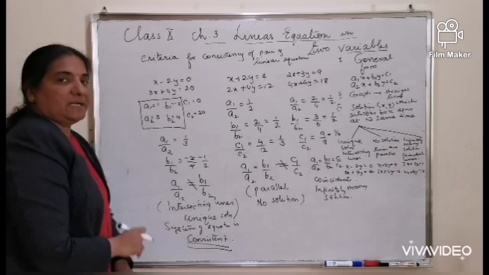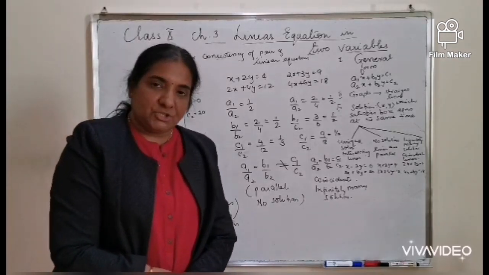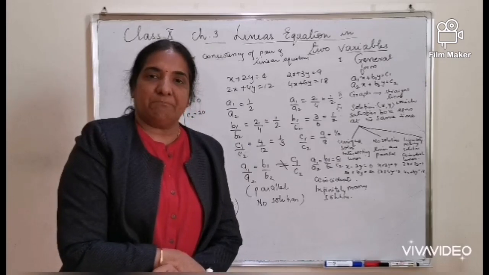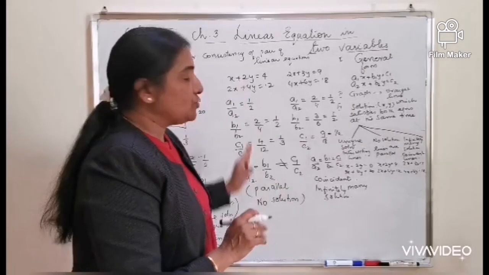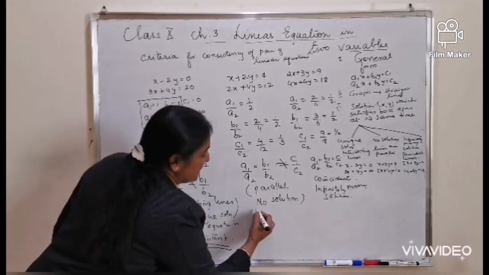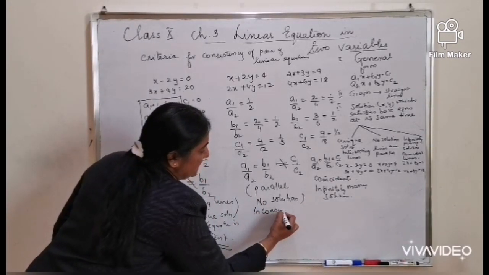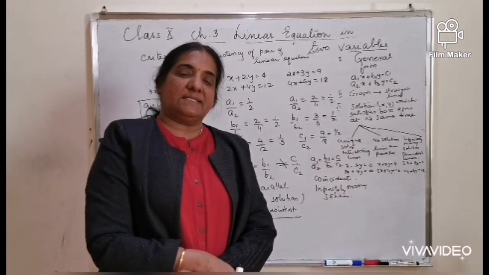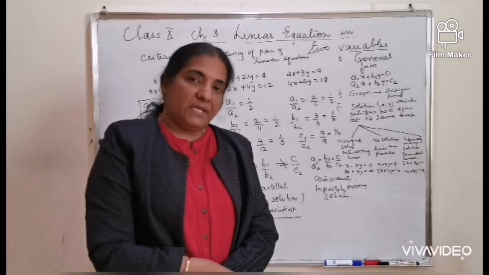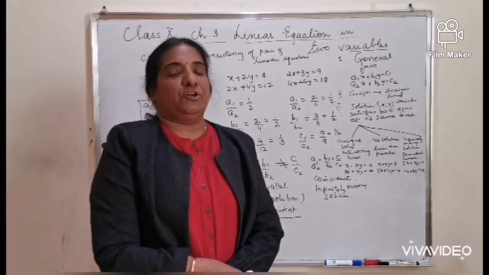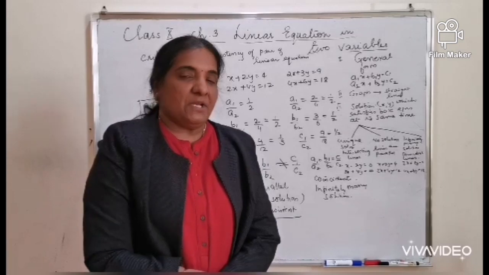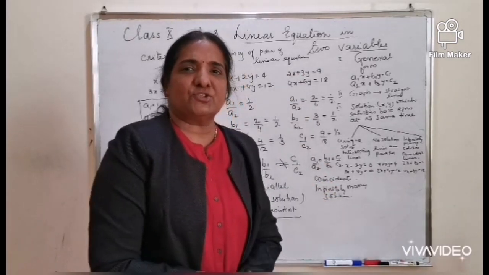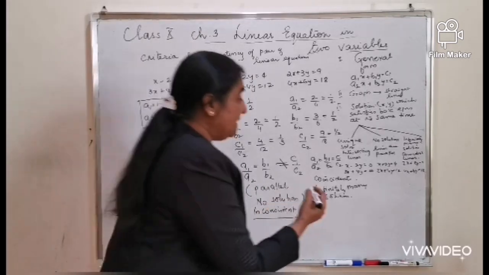That means for consistency, the condition should be a1 by a2 not equal to b1 by b2. If there is no solution, we say the system is inconsistent. The condition for inconsistency is a1 by a2 equal to b1 by b2 but not equal to c1 by c2. So what will you say for the equations having infinite solutions? The system is dependent.